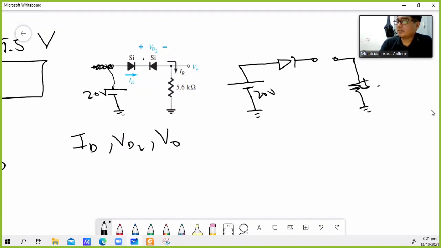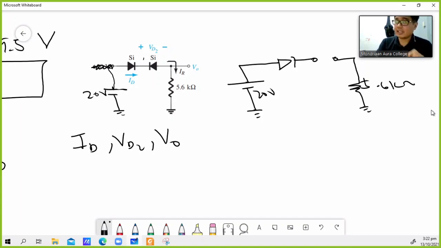So naka-open circuit ngayon si silicon diode na nasa right side. Okay? So since naka-open circuit siya, may dadaan bang kuryente? Wala, syempre. Kung walang dumadaang kuryente, magkakaroon ba tayo ng kuryente dun sa ating silicon diode? Wala. Magkakaroon ba tayo ng kuryente dun sa ating 5.6 kilo ohm resistor? Wala. But, since yung ating silicon diode na nasa kaliwa is naka-forward bias, in effect, meron siyang certain resistance.